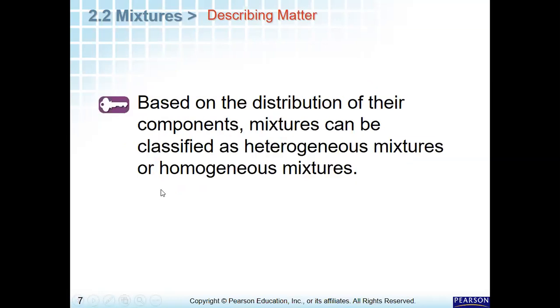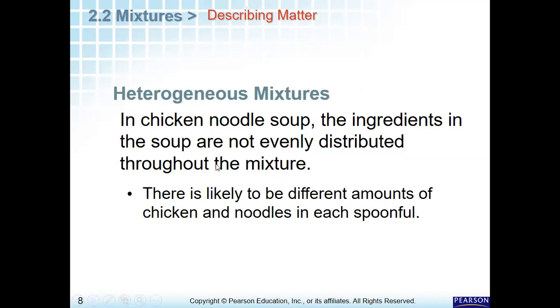So, based on the distribution of their components, mixtures can be classified as heterogeneous mixtures, as we saw before in the noodles and in the salad, or homogeneous mixtures like you see in the air. So for heterogeneous mixtures, in chicken noodle soup, the ingredients in the soup are not evenly distributed throughout the mixture.